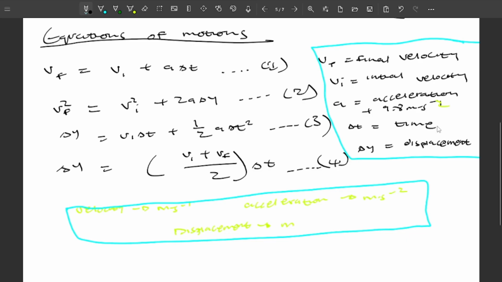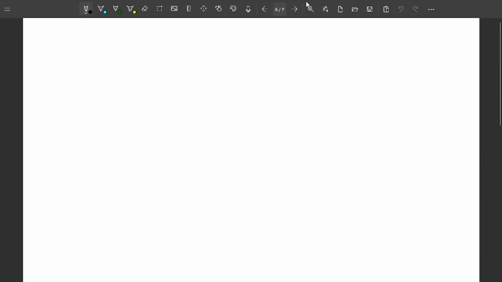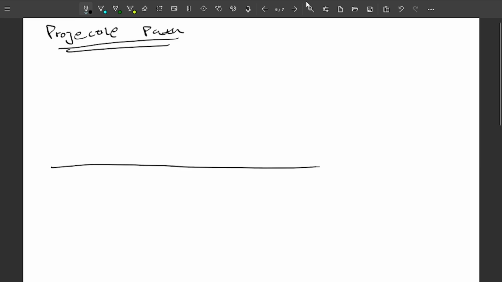All right. So now I want us to talk about the projectile path, which we're going to do on the next page, this side. What is the projectile path? Basically, we're just talking about the distance that the object moves under, or with. Alright, so imagine this scenario.